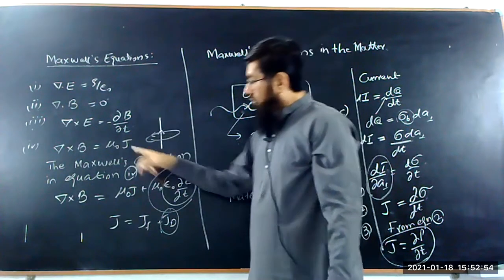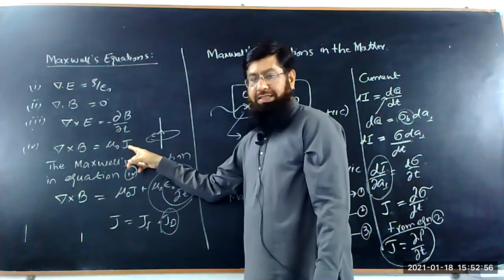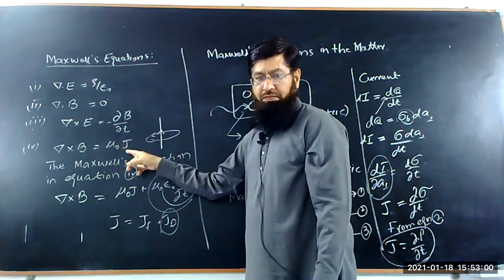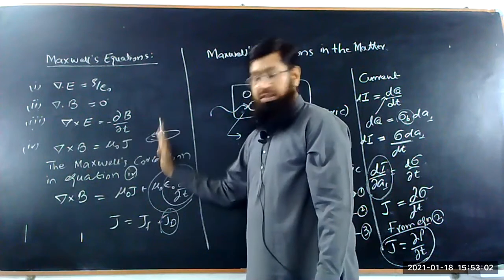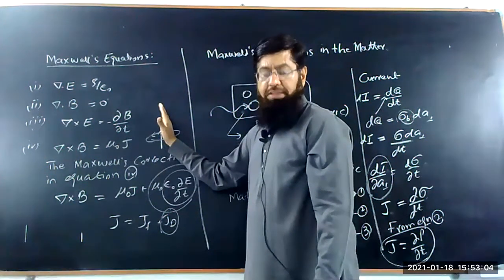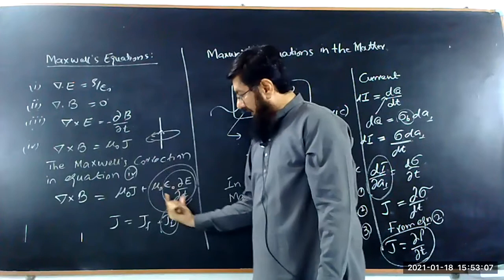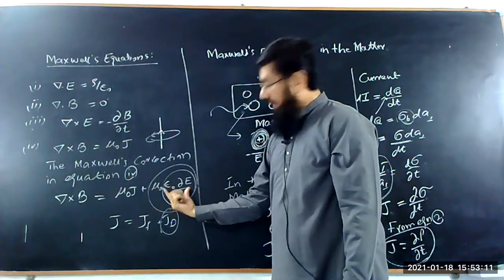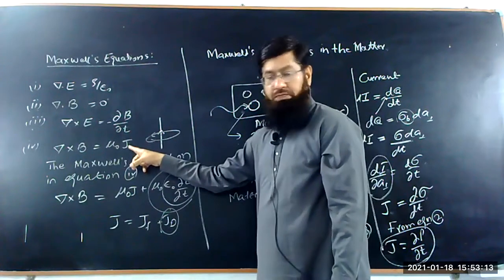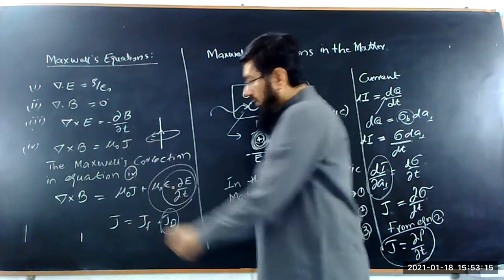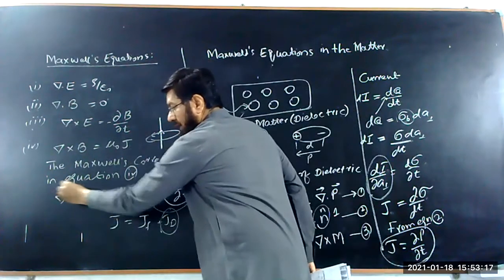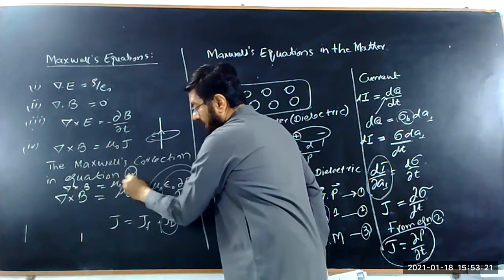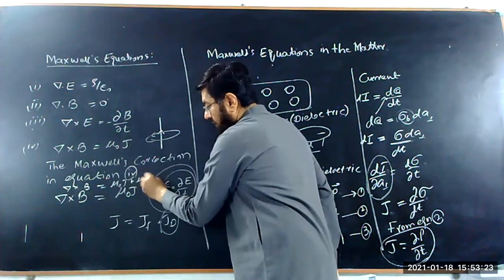Now if this J is not a steady state, if the charge density flowing is non-uniform, then another factor, which we call the displacement current, is introduced. So here the curl of B is equal to mu naught J plus mu naught times the displacement current density.